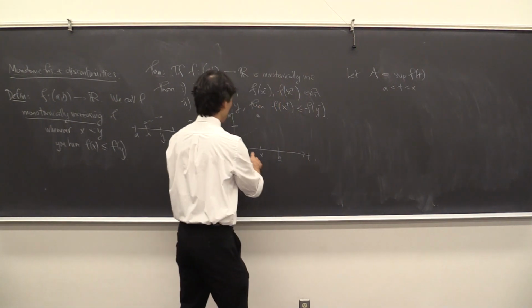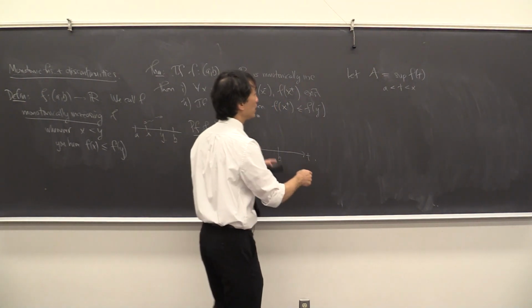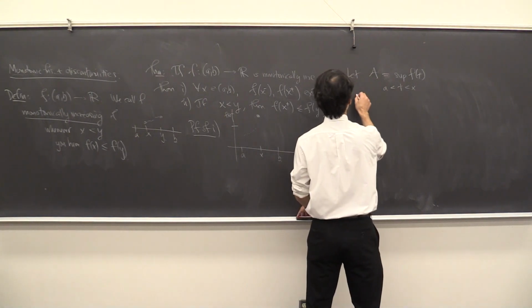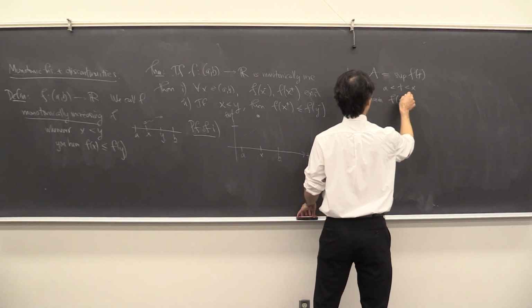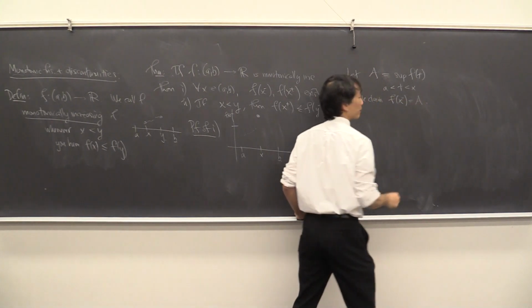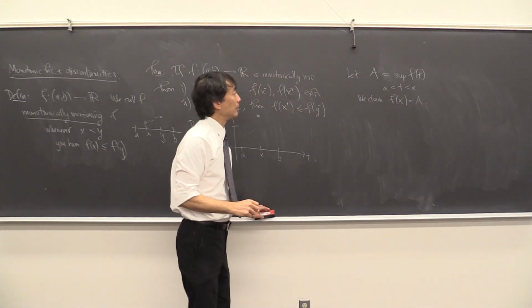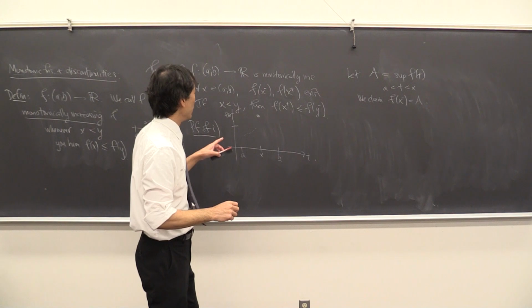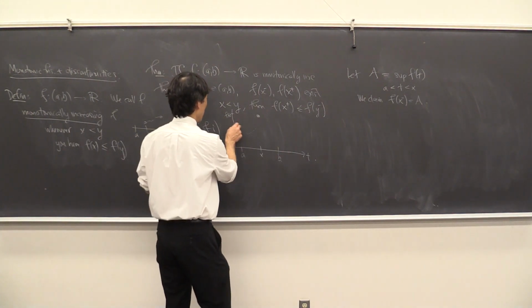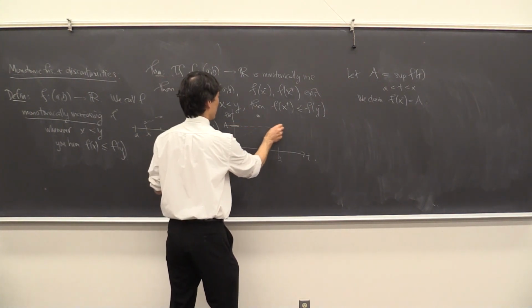Just take all the values as t ranges between a and x. We claim that the limit from the left-hand side of x is going to be A. So here is A right here.